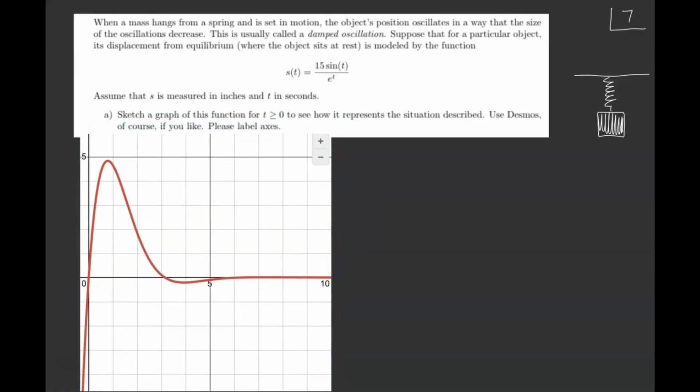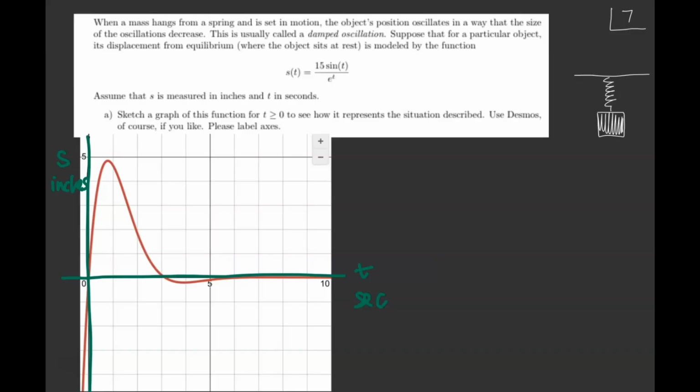And so this is our y-axis here. The vertical axis is representing inches, so displacement, position, s in inches. And then our horizontal axis here is representing time in seconds.